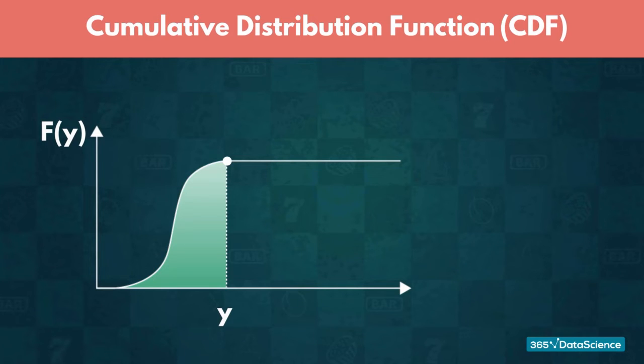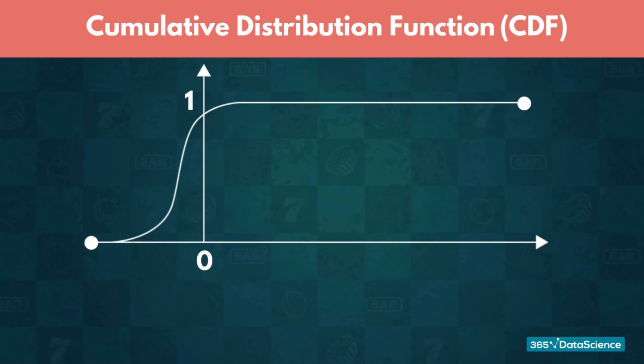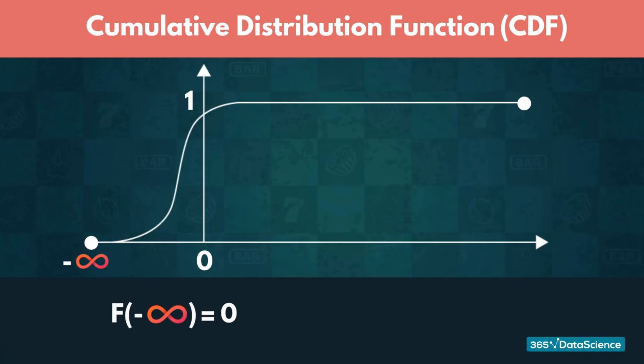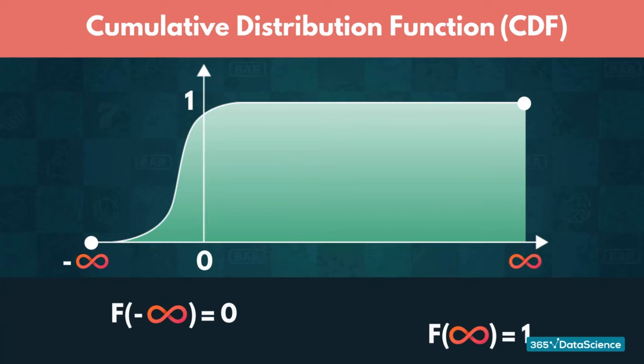We denote the CDF as capital F of y for any continuous random variable y. As the name suggests, it represents the probability of the random variable being lower than or equal to a specific value. Since no value could be lower than or equal to negative infinity, the CDF value for negative infinity would equal 0. Similarly, since any value would be lower than plus infinity, we would get a 1 if we plug plus infinity into the distribution function.